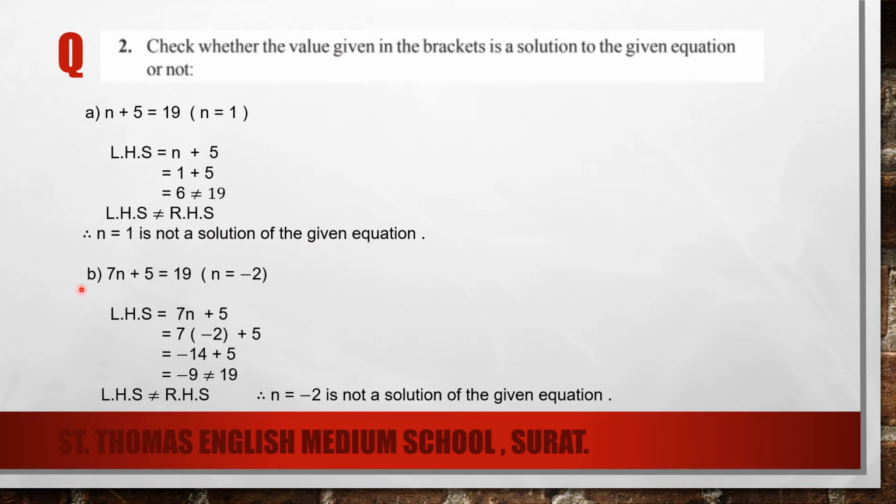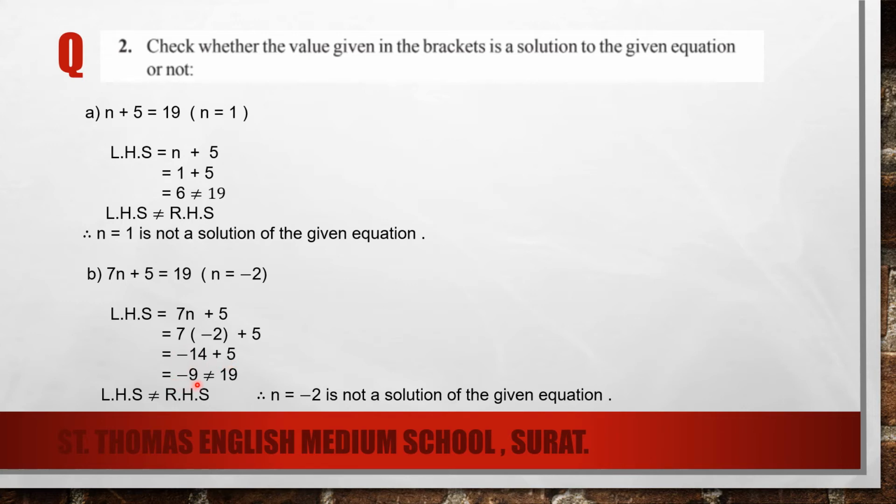Clear? B, 7n plus 5 is equal to 19, n is equal to minus 2. Instead of 1, here it is given minus 2. So LHS is 7n plus 5. n is equal to minus 2, so 7 into bracket minus 2 plus 5. 7 into minus 2 is minus 14, plus 5.